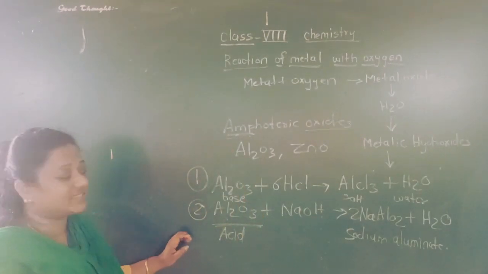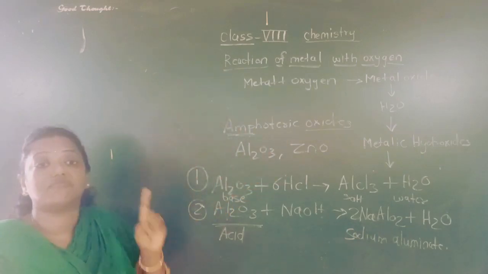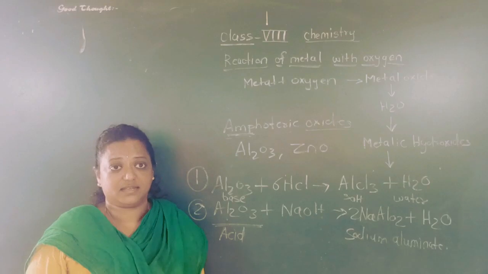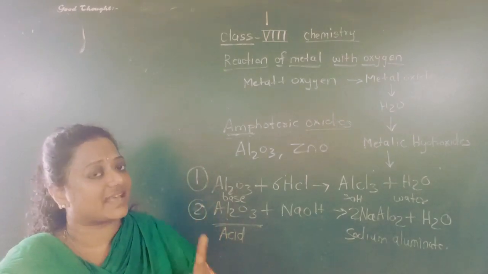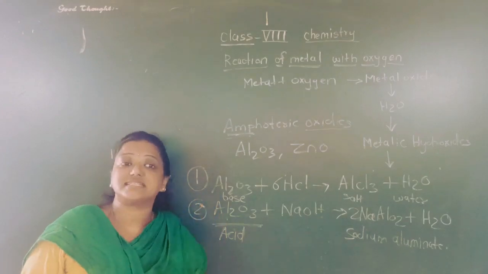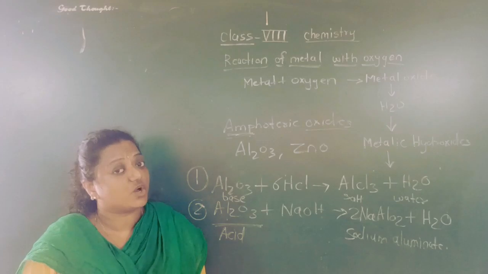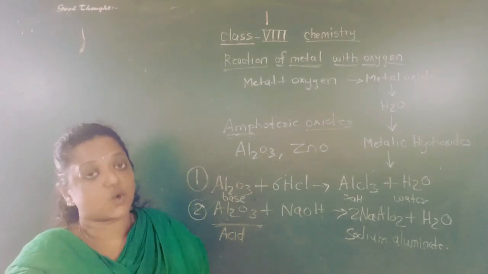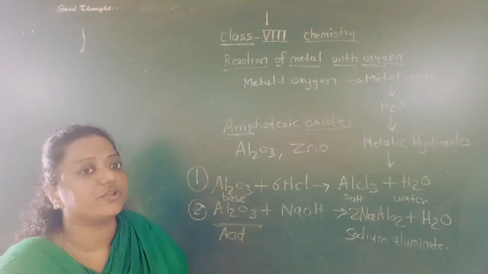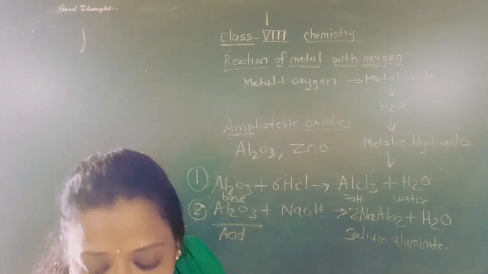And so aluminium oxide and zinc oxide are called what? Amphoteric oxides, because they behave like both acids and bases, and they react with both acids and bases to form salt and water. I hope this concept of amphoteric oxides is clear for you, which is not given in your syllabus.